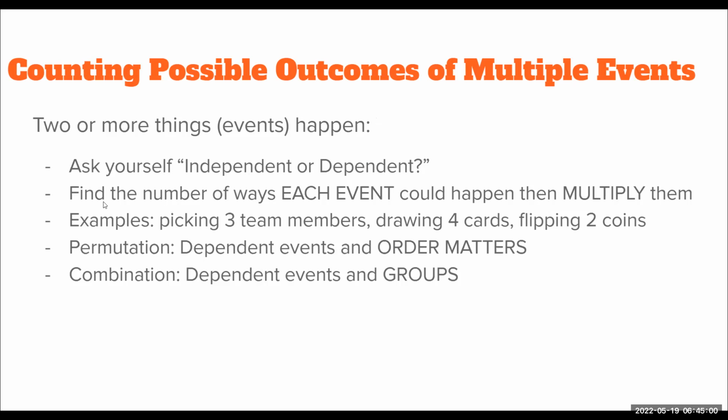But we're always going to find the number of ways each event could happen, then multiply them together. This is the key to everything. Find the number of ways each event could happen, then multiply those numbers together. Whether it's dependent or independent, you're always going to multiply the number of ways each event could happen all together.